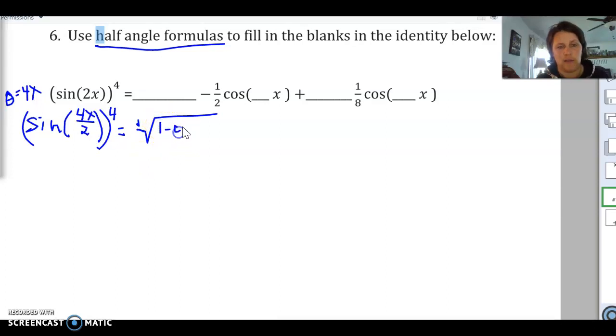So 1 minus cosine, and the angle we're working with is 4x, so cosine of 4x, all over 2. And then let's raise that to the 4th power.